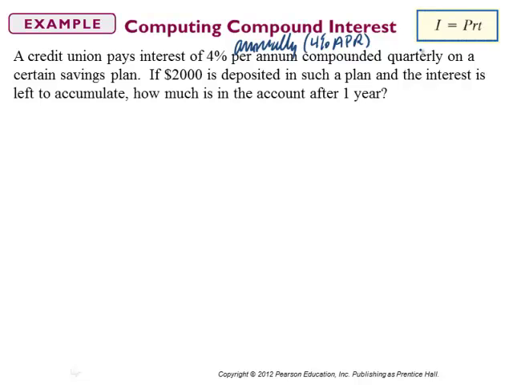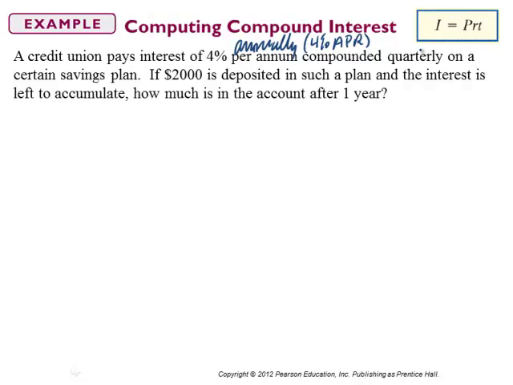That means that at the end of each quarter, so for example, a quarter is going to be what? March 31st is the end of the first quarter, June 30th is the end of the second quarter, and so forth.